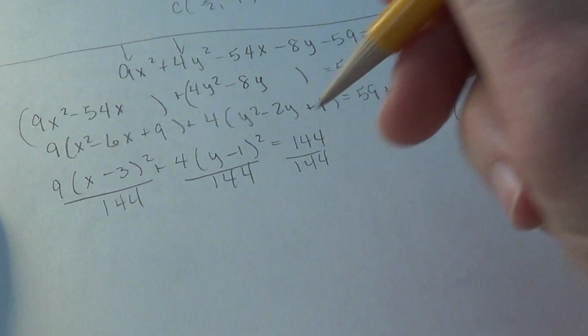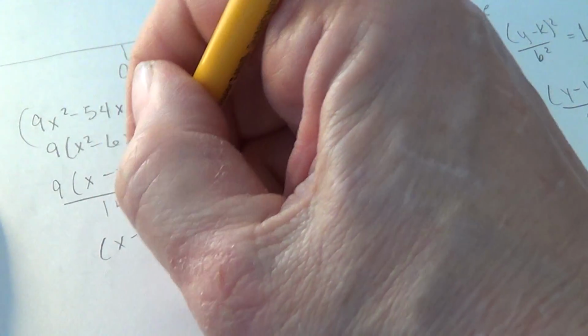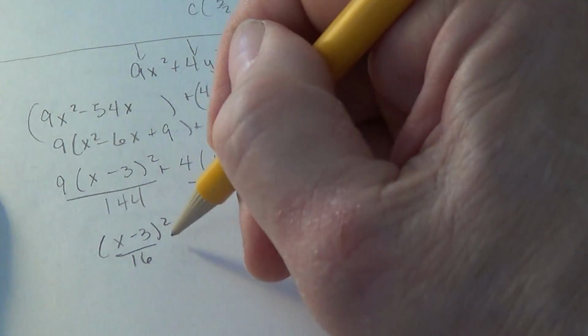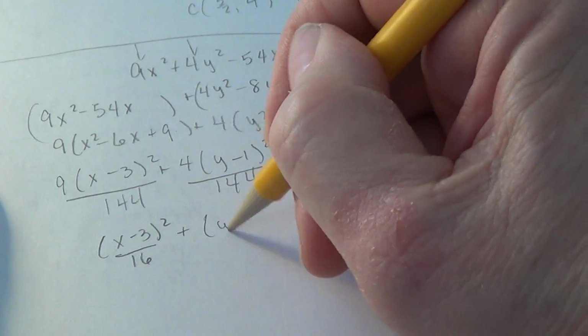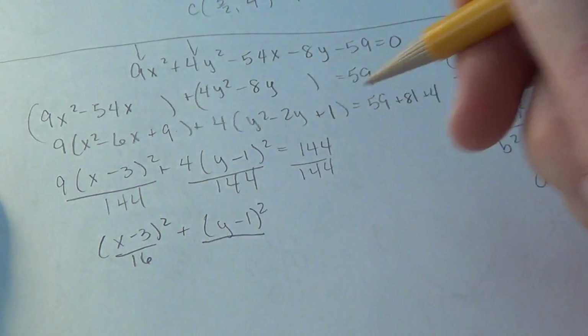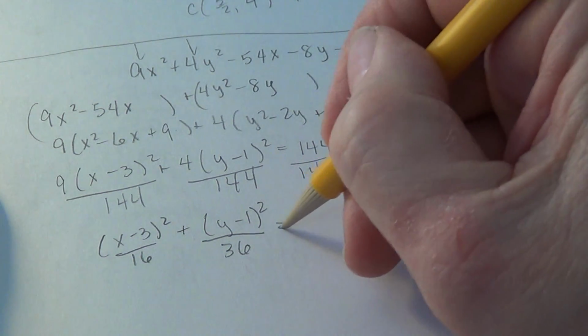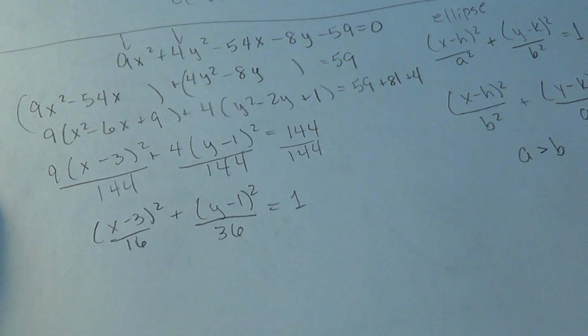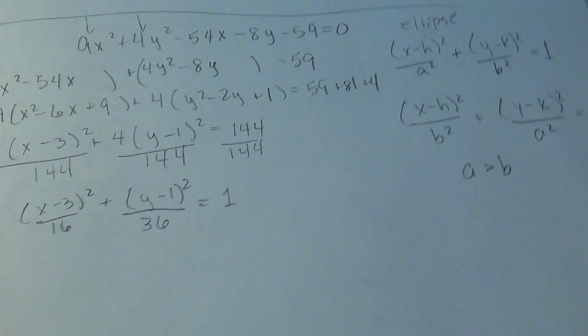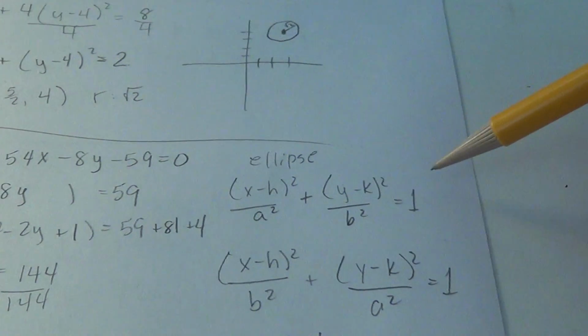So we end up with (x minus 3) squared over 16 plus (y minus 1) squared over 36 equals 1.